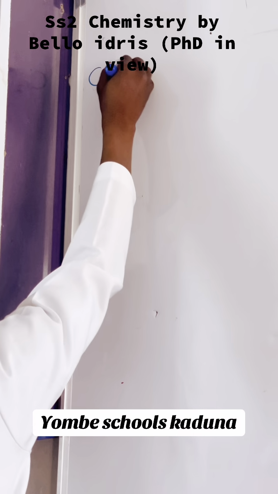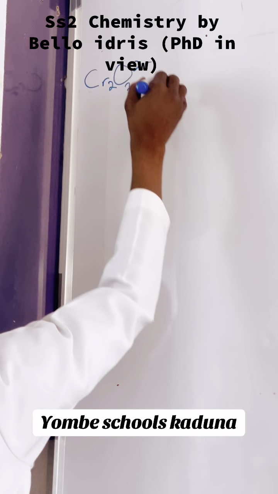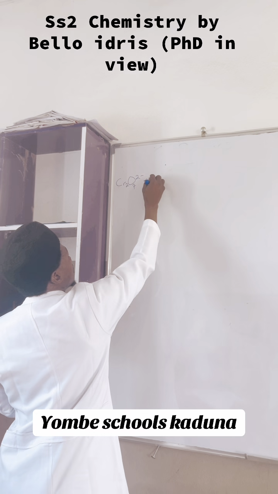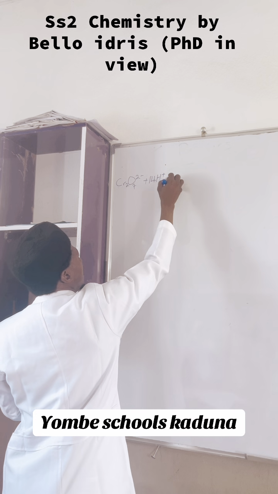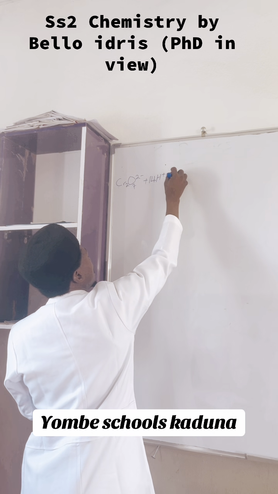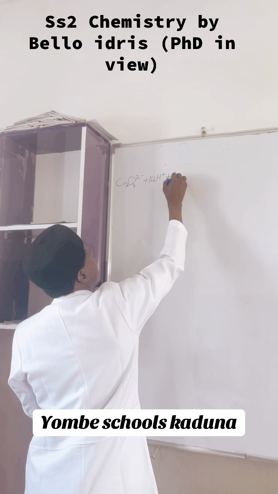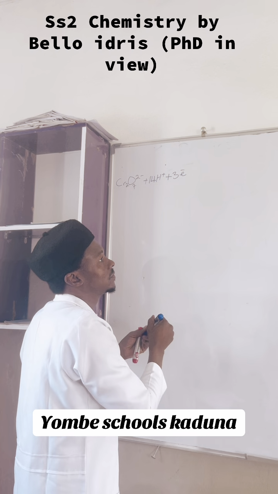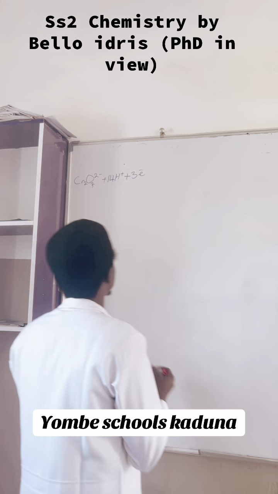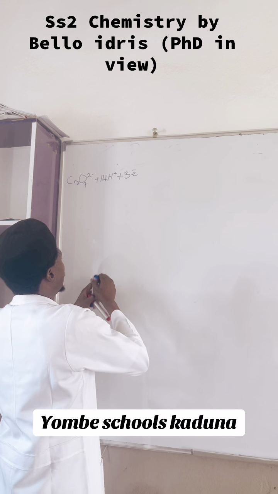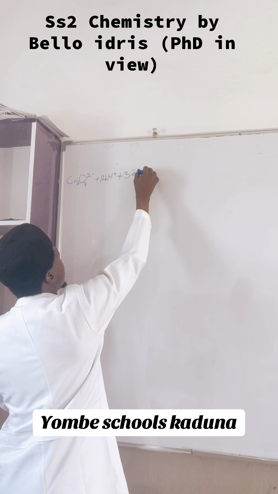Cr2O7 2 minus plus 14H plus plus 6 electrons plus 6Cl minus. We will finish with all what is on the left hand side.